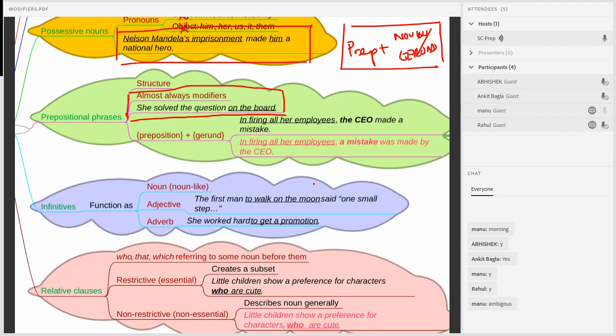But is it also possible that I'm saying the question on the board, that there is a question on the board and she solved that question? Yeah, that's possible. So in this case, it is ambiguous that "on the board" could be an adjective or it could be an adverb.